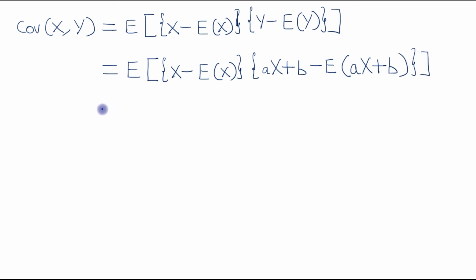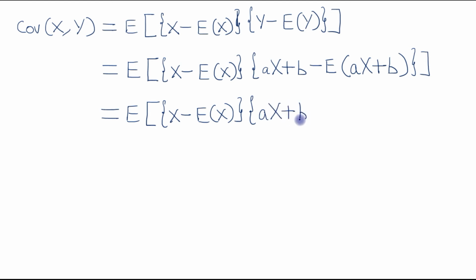Okay, next step, again this will be written as it is, and this will become a times ex minus expected value of b will be written as minus b.